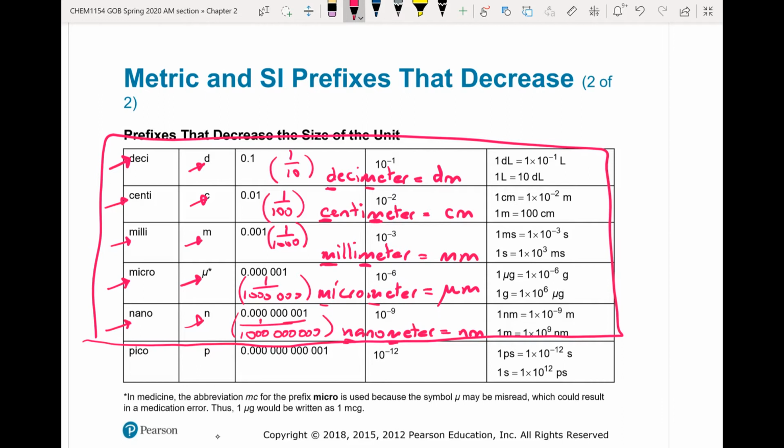Those metric prefixes are very, very important. You already used a couple of them in the lab when you were making your measurements last week, though we never really explored that in any detail. But we did use milliliters when you were measuring your volumes in the laboratory. You may have forgotten, but that's what you used in your graduated cylinder and your beakers.